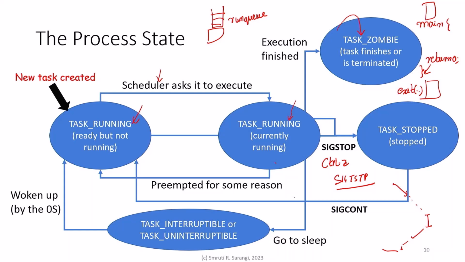It will remain there forever until a signal called SIGCONT is sent to it to resume it. Sometimes the fg command in Linux does that, or you can send a continue signal and then it will start resuming. So this is the basic broad idea.